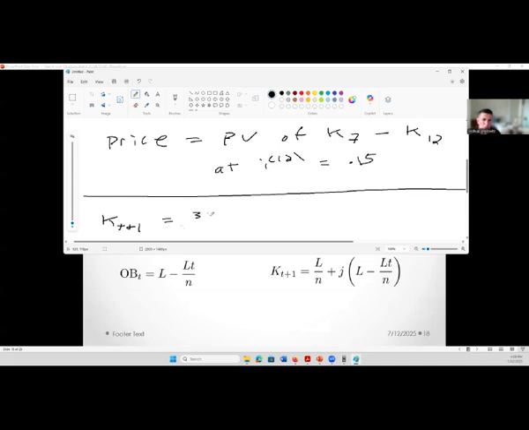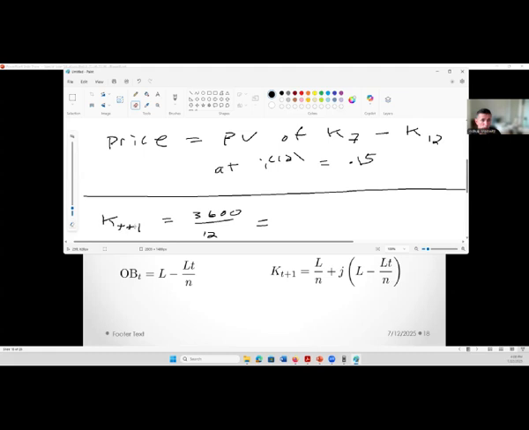So 3,600 over 12. So remember, to be clear, we're finding the loan payments for the original loan, because that's what all these K's are. It's the loan payments for the original loan.